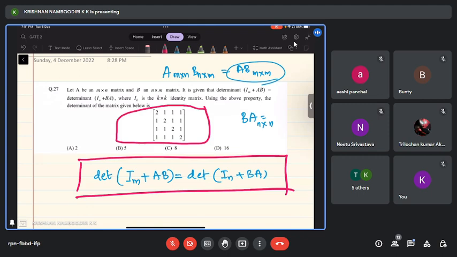That means if you use this property, you should be able to compute the determinant very quickly compared to the usual method. Otherwise, there is no point in using these properties, right? So does somebody have any intuition, or are you getting some idea by seeing this matrix? If you have, just unmute and talk. Otherwise, I will answer the question.